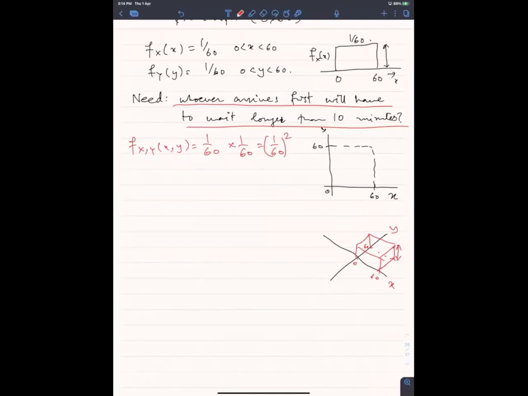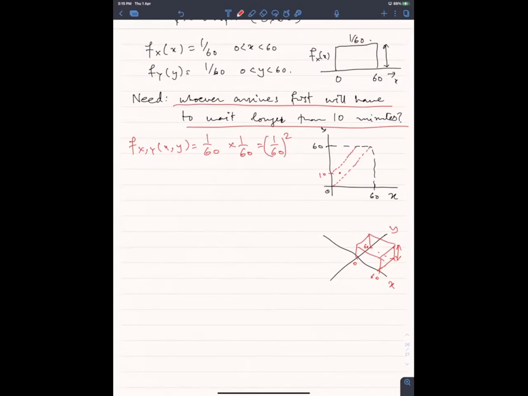Okay? So देखें कहाँ पे longer than 10 minutes होगा? ये तो वो टाइम है जब x is equal to y है. This red line is whenever x is equal to y. This is the time, ये मैं 10 यहाँ पे लिखता हूँ. If both of them arrive at this point, इस point पे आ जाते हैं, तो ये उस probability में fall नहीं करता.